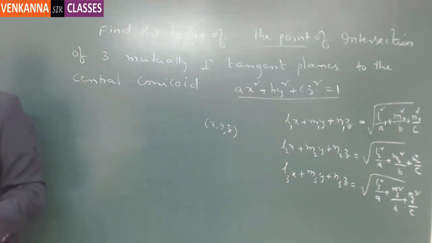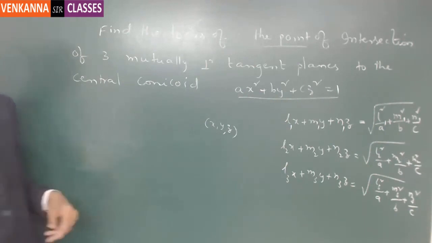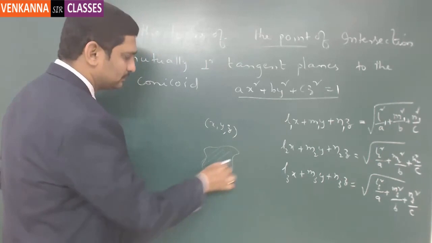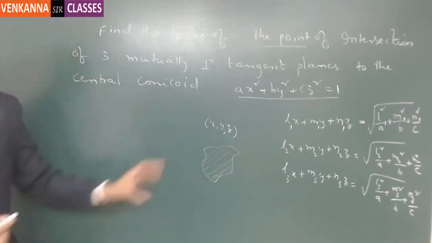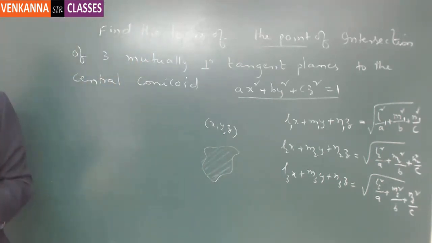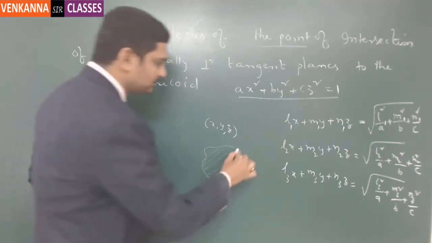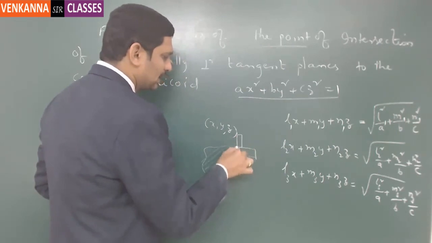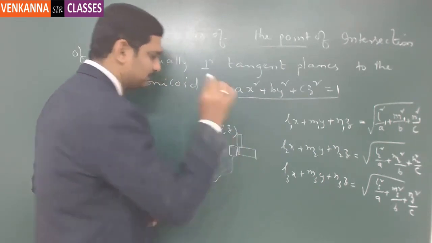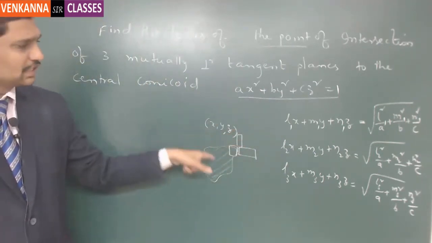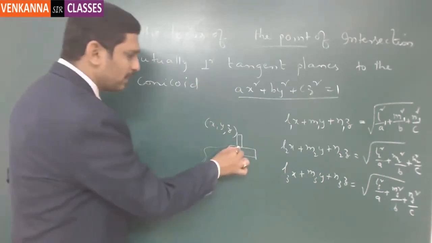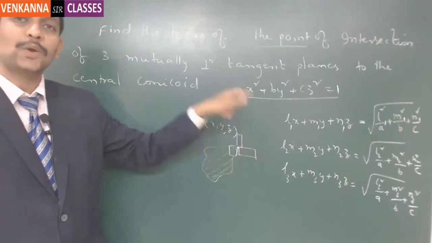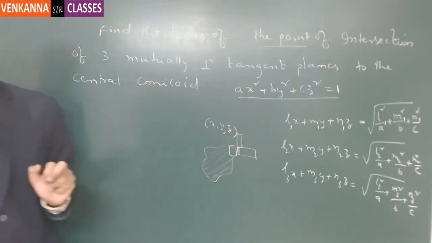Clear? For a small visualization, say this is the surface, and for this surface I have considered three tangent planes. This is one tangent plane, this is the other one, and the other one is perpendicular to this. The intersection of these planes is nothing but a point. This point also lies on the conicoid.